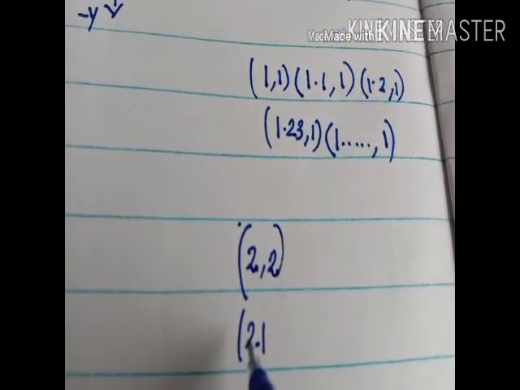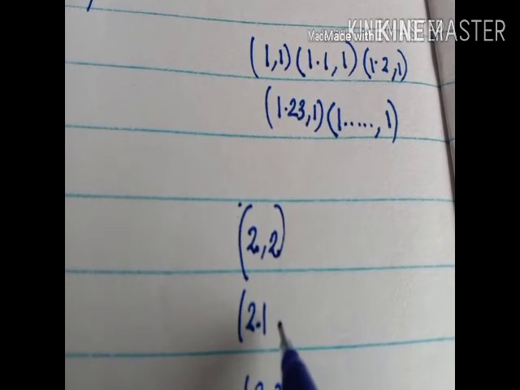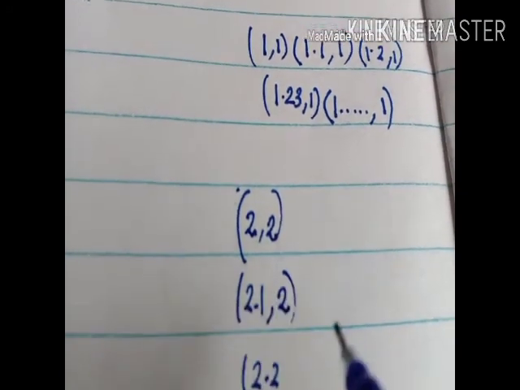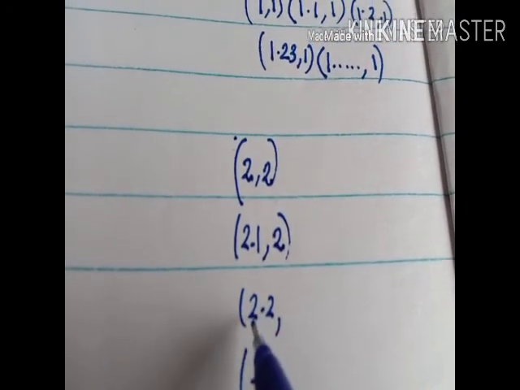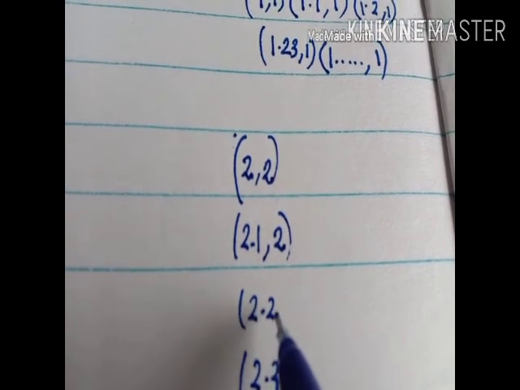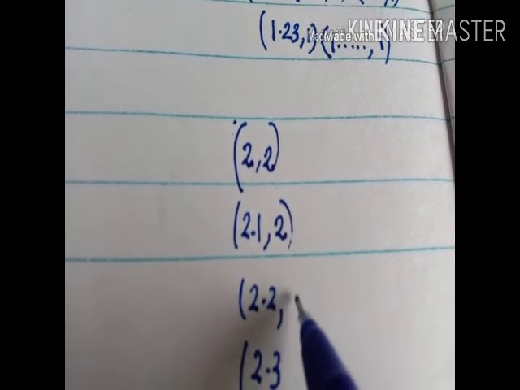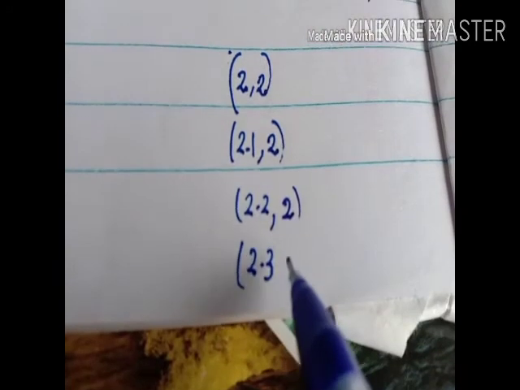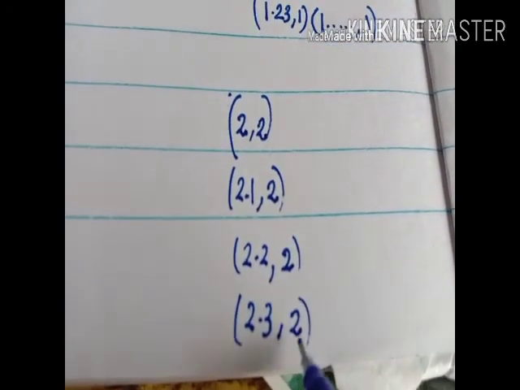If x is 2.1, the greatest integer function is 2. If x is 2.2, it is 2. Whatever it is, the y value is 2.